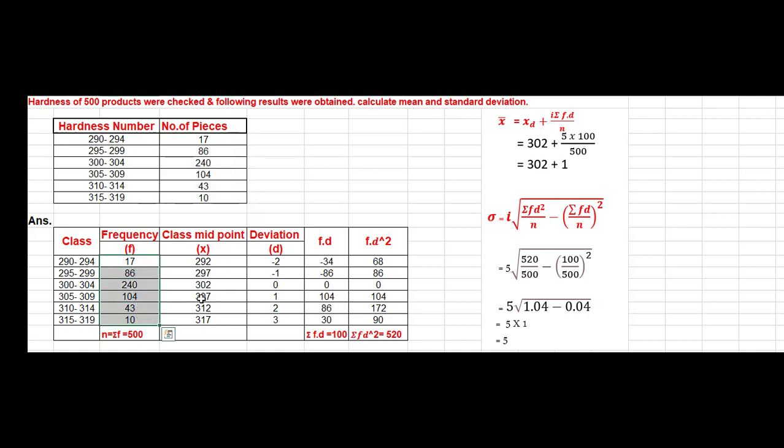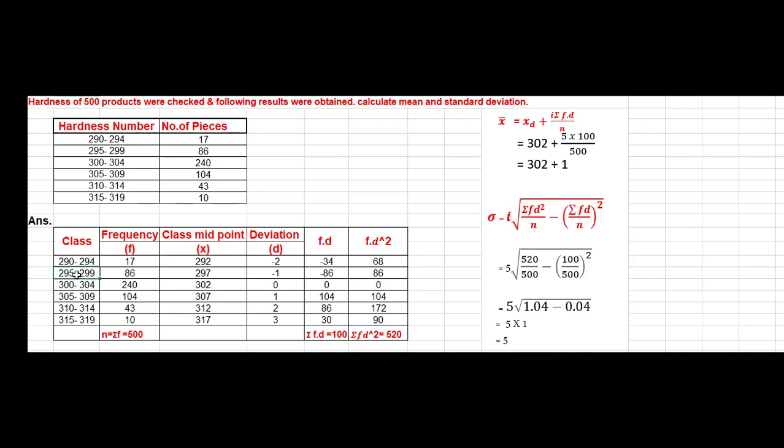Now we need to find the class midpoint. The class midpoint can be found by adding these two values: 290 plus 294 divided by 2 gives 292. So 292 is the midpoint of 290 to 294.